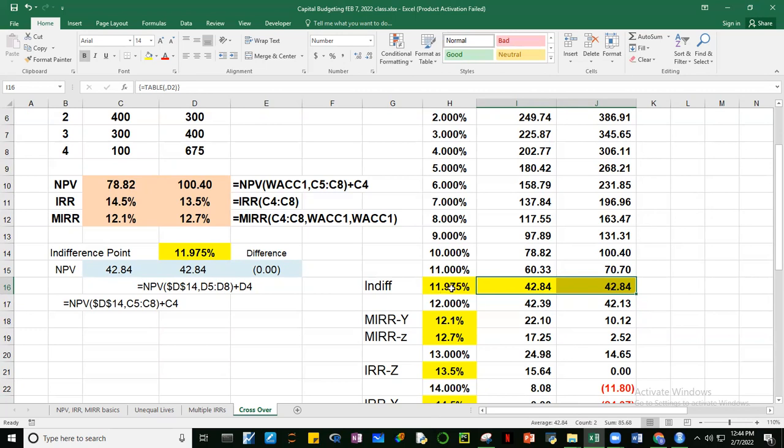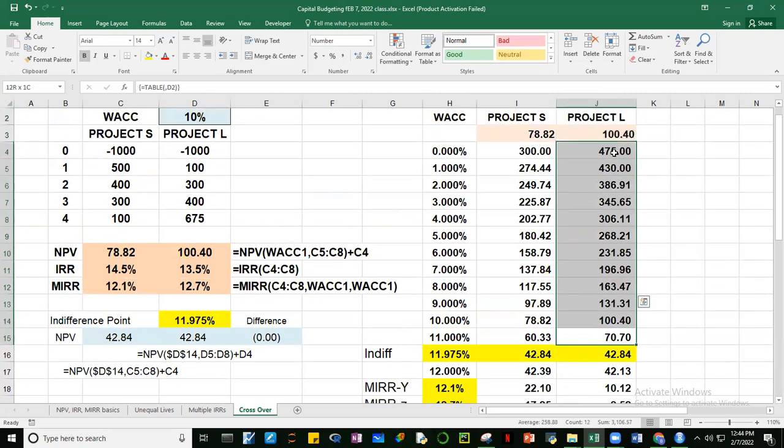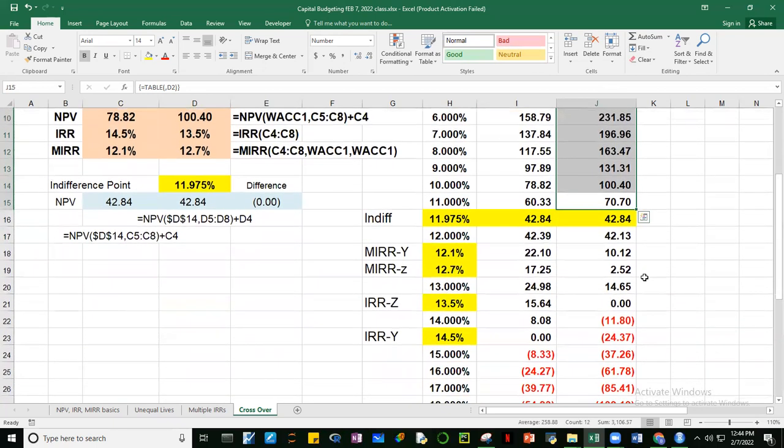Kasi below 11.975, mas mataas lahat lagi yung NPV ni Project L. Now, above 11.975, at 12%, 12.1, sino pipiliin natin? Si Project S na.